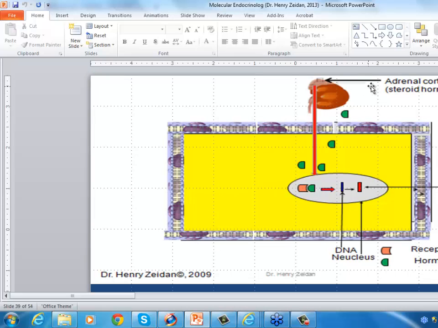This is the nice presentation that I addressed to you here. The adrenal cortex produces steroid hormones that tend to bind to specific receptor sites on the nucleus to produce proteins at the genetic level.